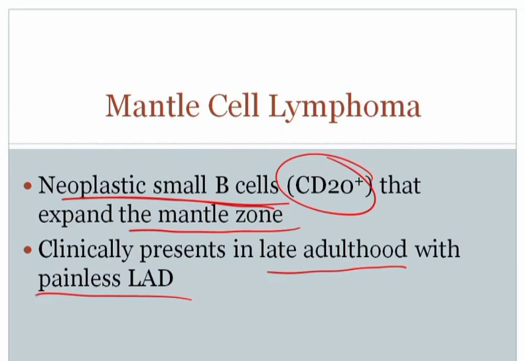Now, when you have this type of tumor, one of the classic descriptions on examination is that the examiners could tell you that there is a neoplastic proliferation of cells that expands the region immediately adjacent to the follicle. That region is obviously the mantle, and so that would be a mantle cell lymphoma. So that's a nice way that examiners might try to describe the tumor.